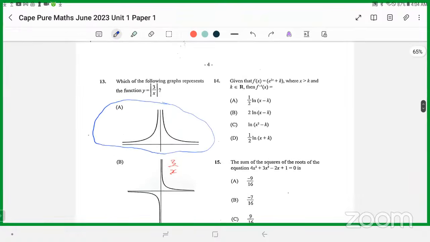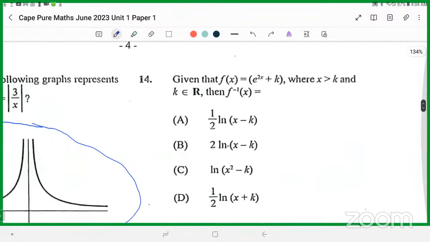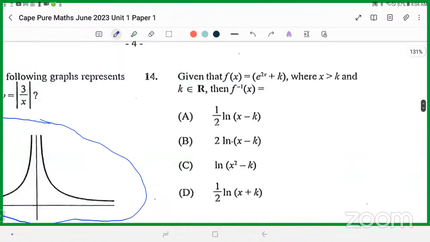All right, next question right here. It says, given that f of x is equal to this, where k is real, they want f to the minus 1. They want the inverse of this function. We're going to use x and y. So y equals e to the 2x plus k.